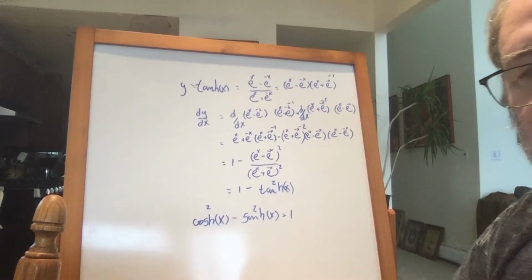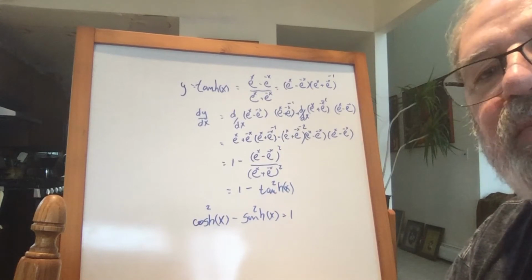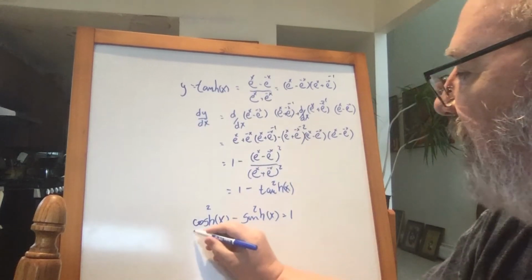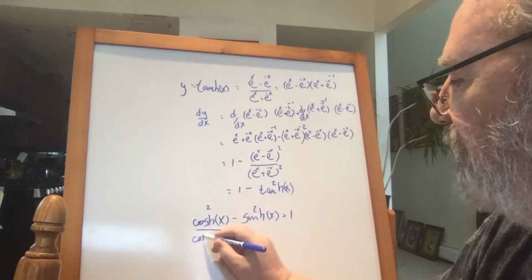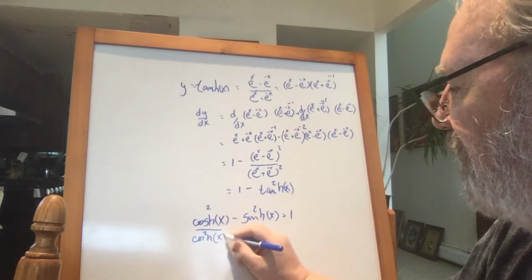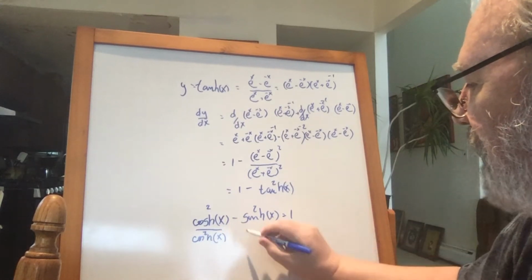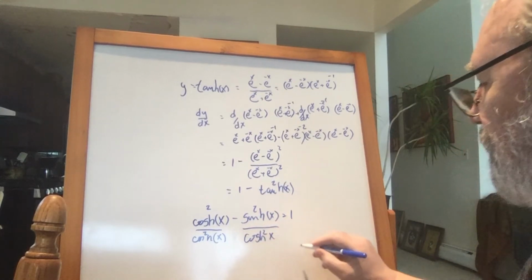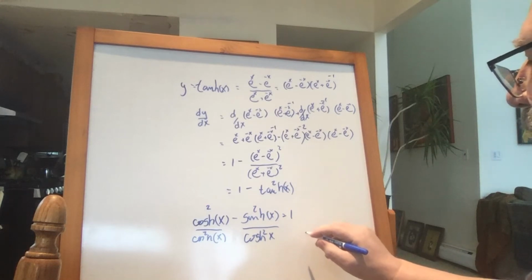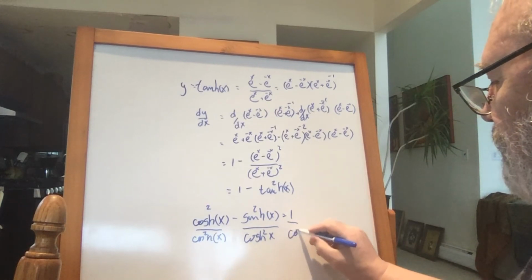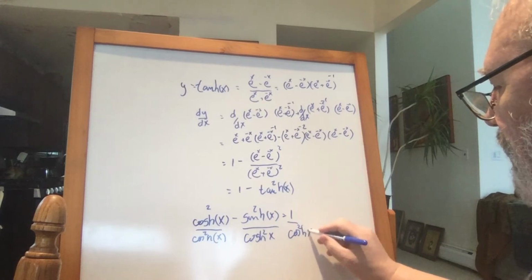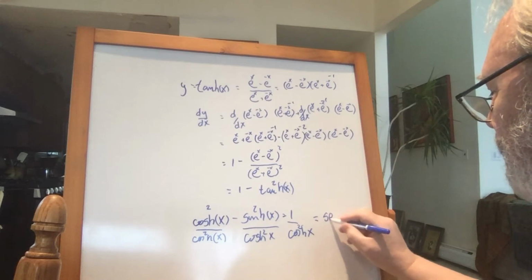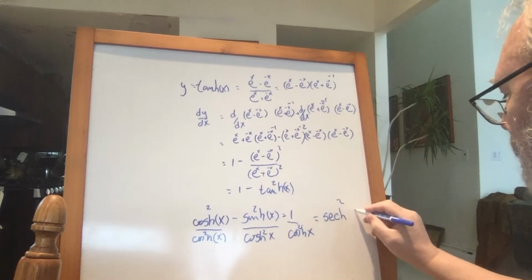And so, let's see, make sure we're still being captured. All right. Now, if we divide by cosh squared x, we get 1 minus tanh squared x equals 1 on cosh squared x, and that's secant squared of x.